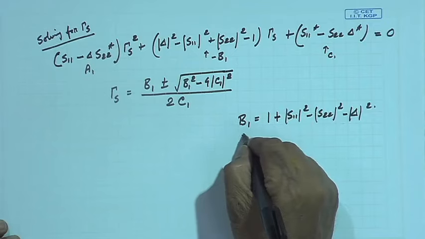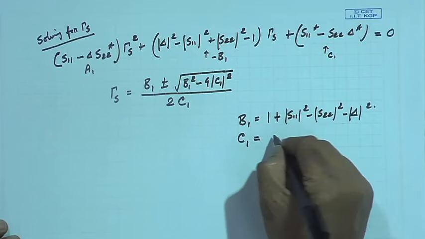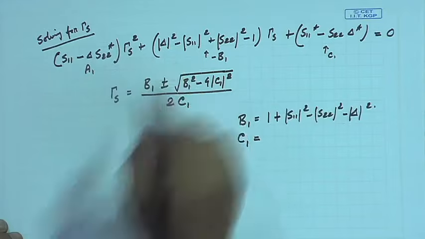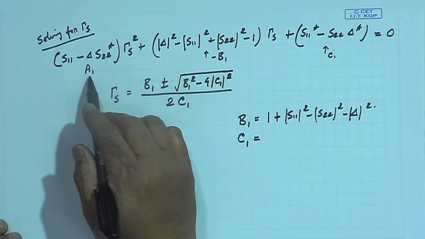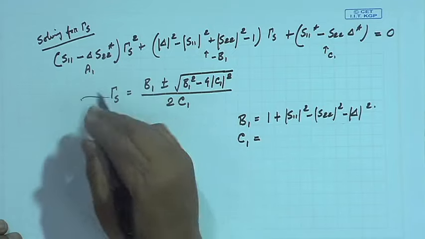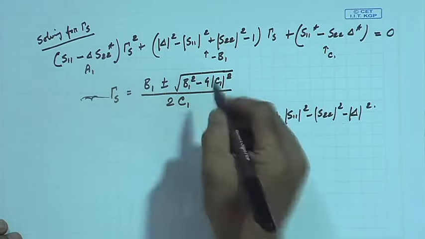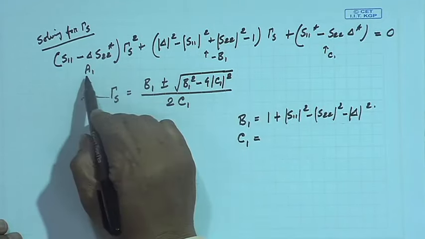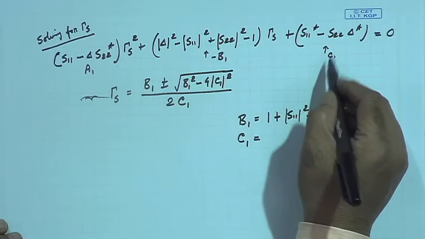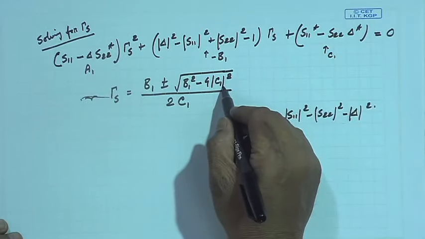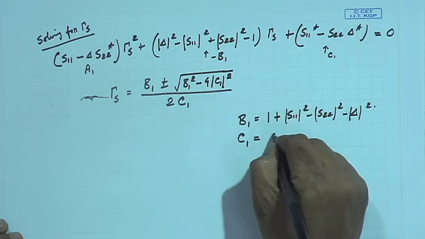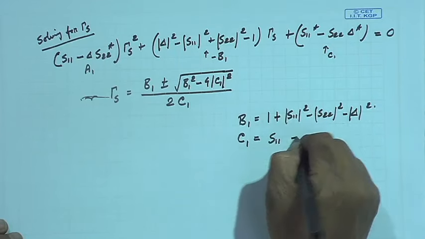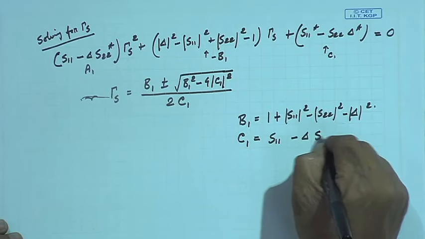A1 and C1 are complex conjugates of each other, so I need not write A1, because A1 is the complex conjugate of C1, which is why we get 4 magnitude C1 square. And C1 will be this one: S11 minus delta S22 star.